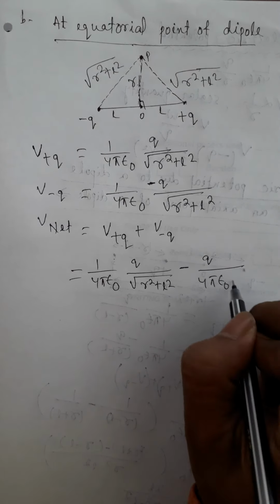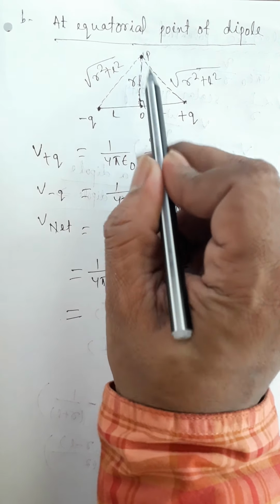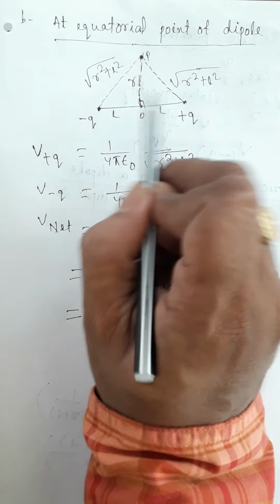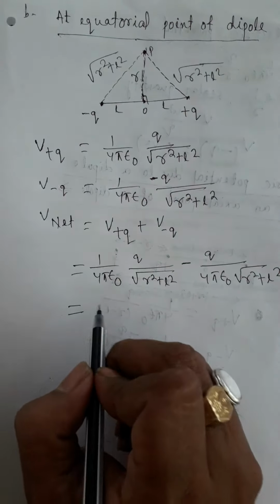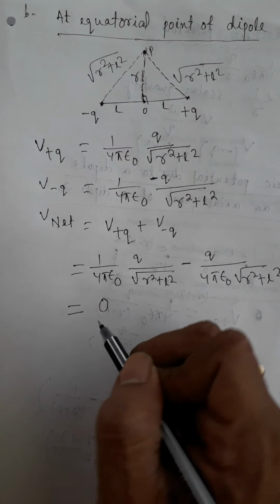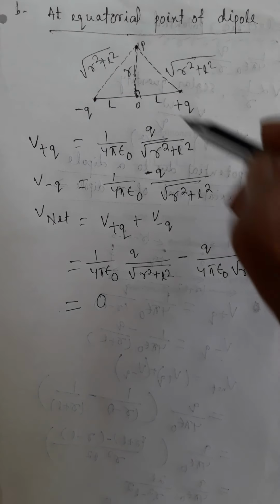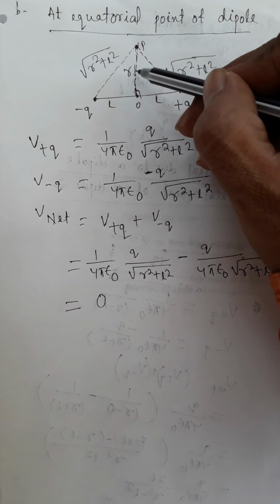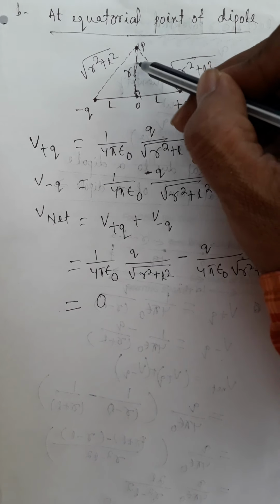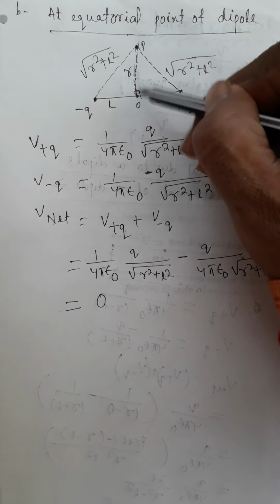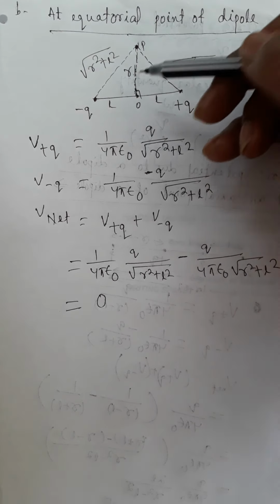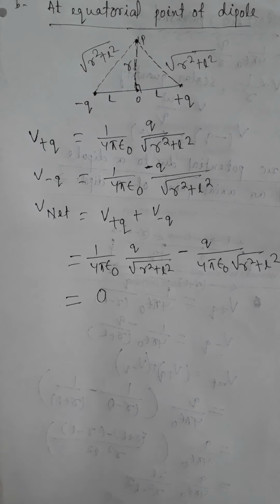Both are the same because both charges are at equal distance from point P. So the net potential will be 0. So if we place any observation point or any test charge on the equatorial line of this dipole, then the net potential will be 0.